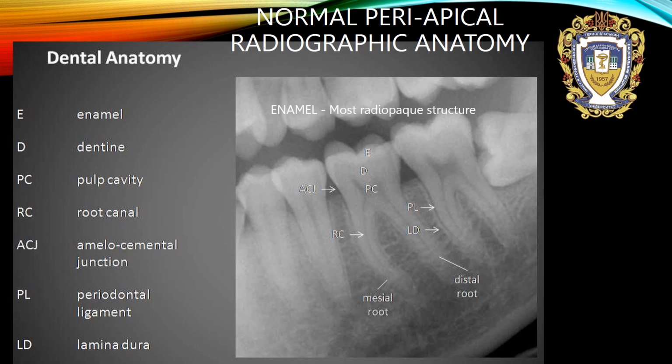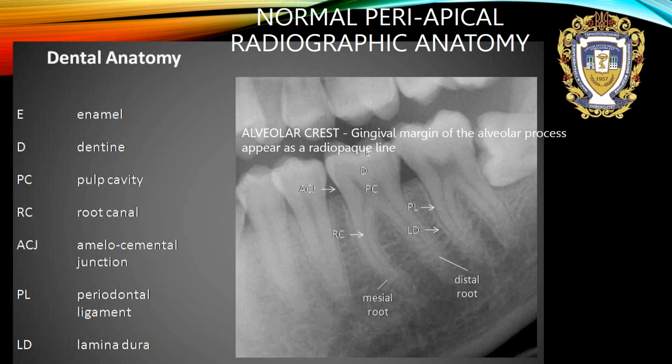Enamel, the most radio-opaque structure. Dentine, slightly lighter than enamel. Pulp cavity: radiolucent lines within the tooth.